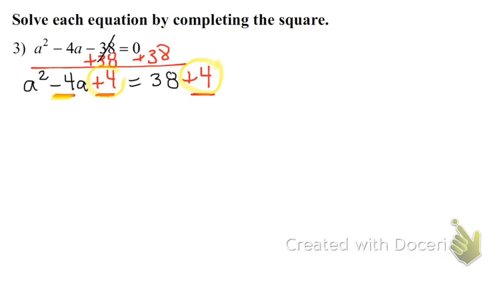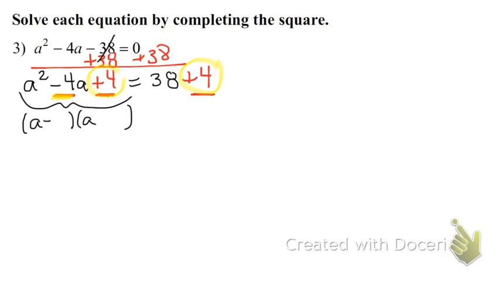Now, why in the world did I do that? Well, now what's left on this side is going to be factorable, like those last problems. And you're going to find a shortcut to this. I'm going to factor this. To get the a squared, it's a times a. To get the positive 4, I need two numbers that multiply to a positive but add to a negative.